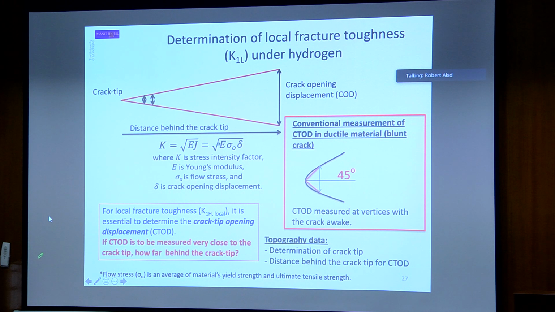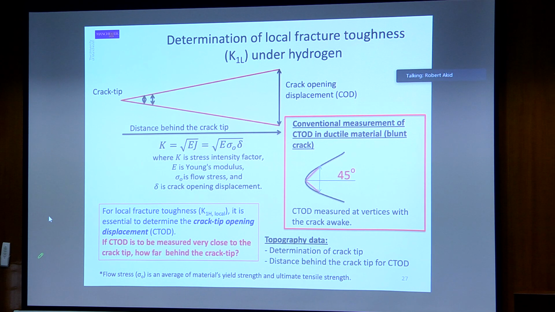So fracture toughness is a function of the Young's modulus, the flow stress, which is an average of the material yield strength and ultimate tensile strength, and the crack tip opening displacement. Now, traditionally, this opening displacement is taken well away from the origin of the crack, and in that respect, we find differences.